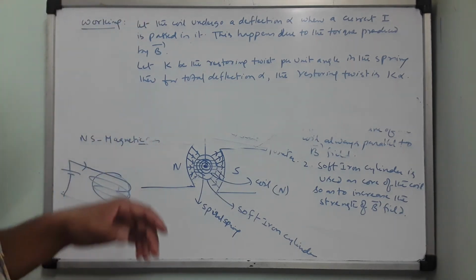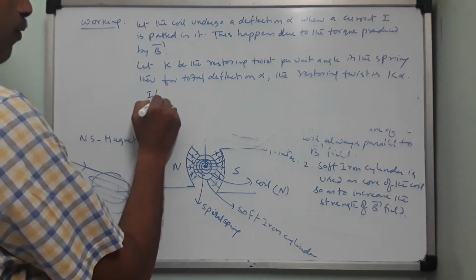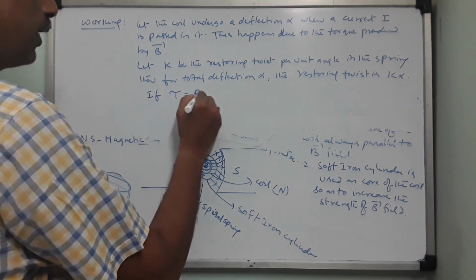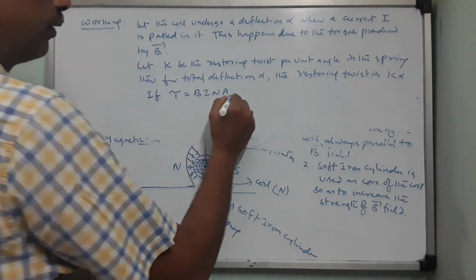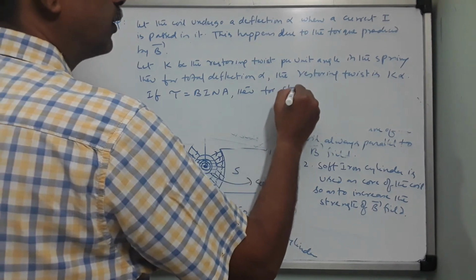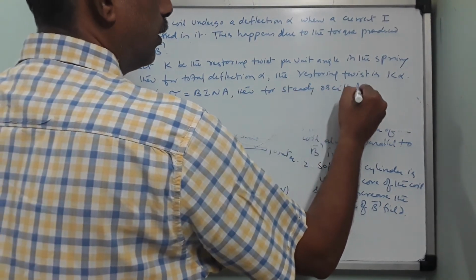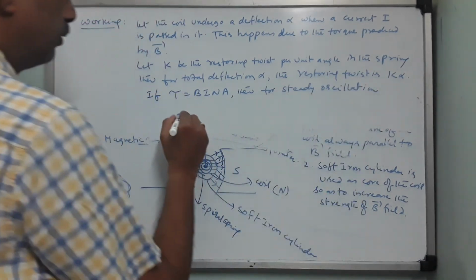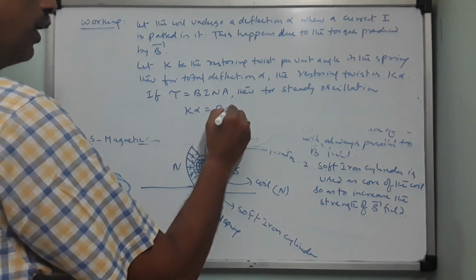Okay. Now, if tau is the torque, if tau equals BINA, then for steady oscillation, as described earlier, we have K alpha equals BINA.